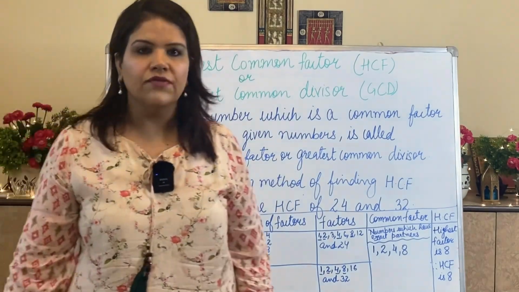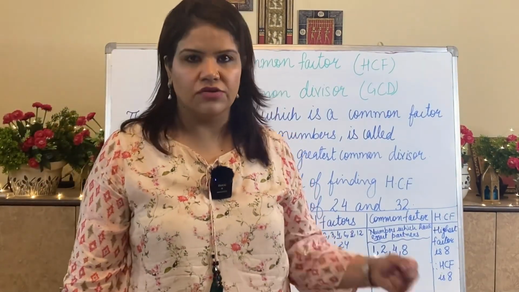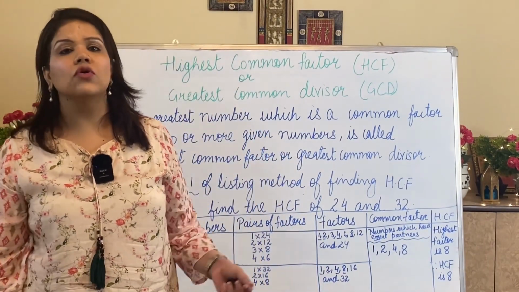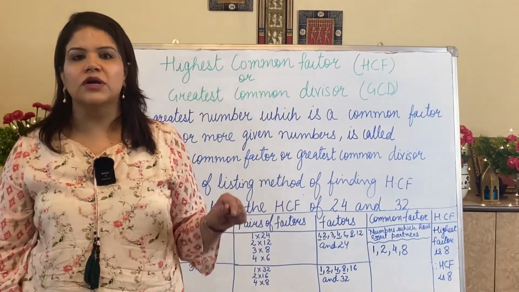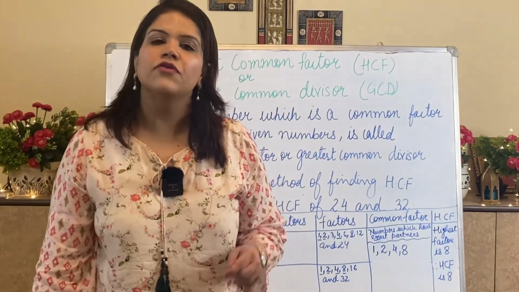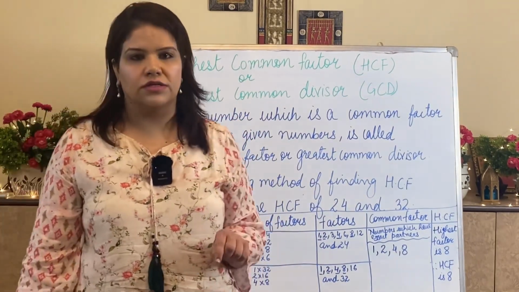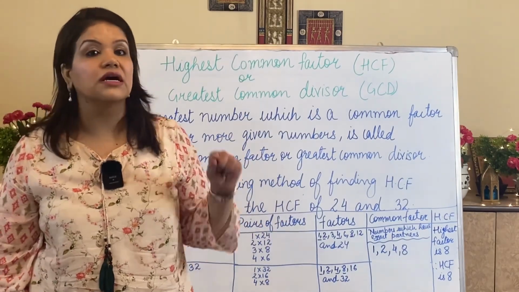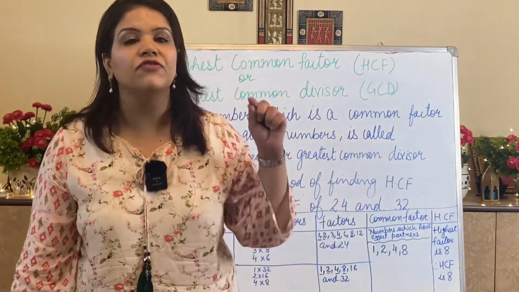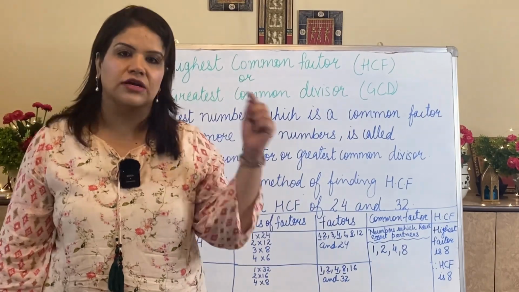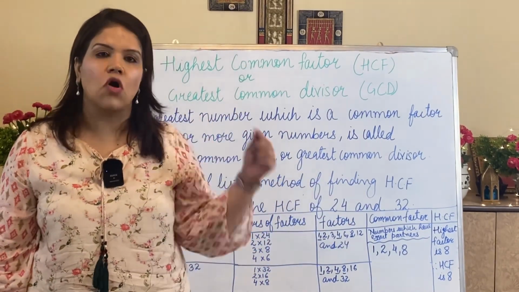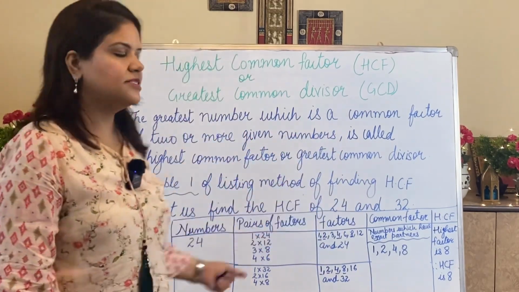We have 2 given numbers, we are factorizing them, we are finding their factors. Out of those 2 numbers, whatever factors we are getting, we will first find common factors. In those common factors, whatever is the greatest number, that will become the greatest factor, the highest common factor.